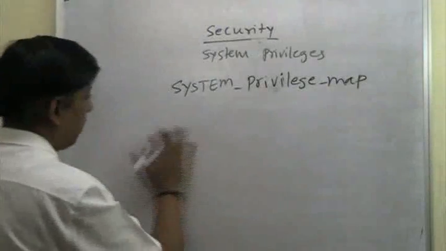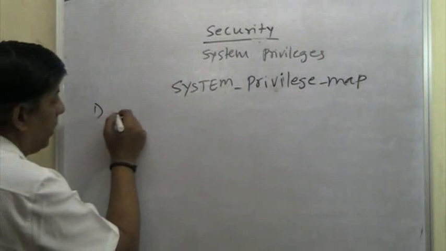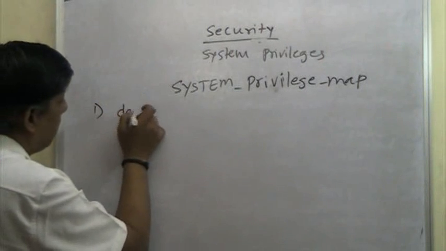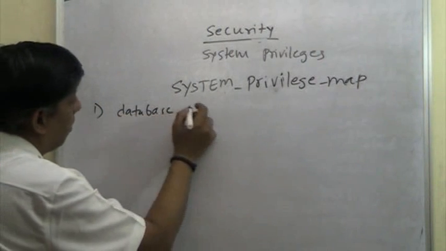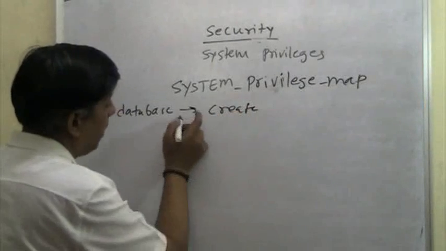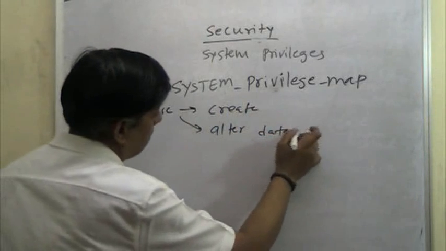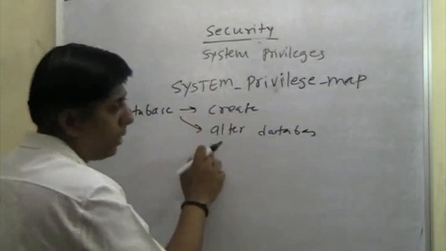So let me also write certain other system level privileges. As I said, database. We are going to learn one command as create database, and then we are going to learn a command alter database. So database, create and alter.